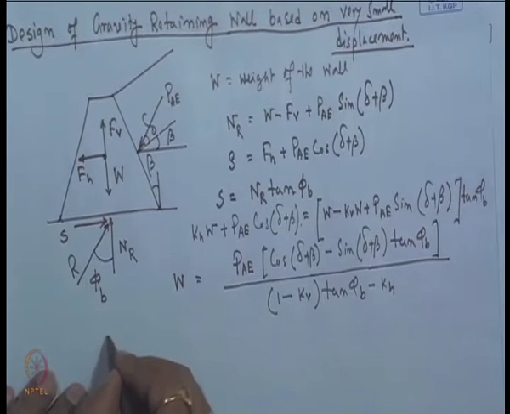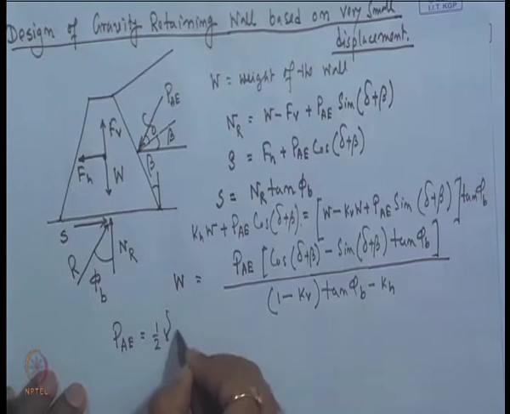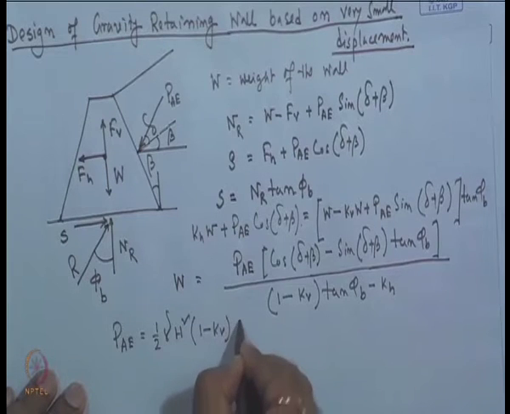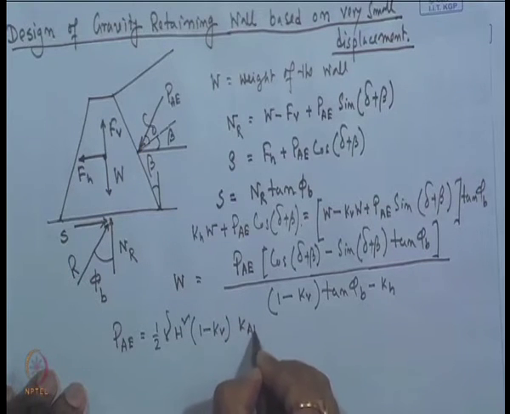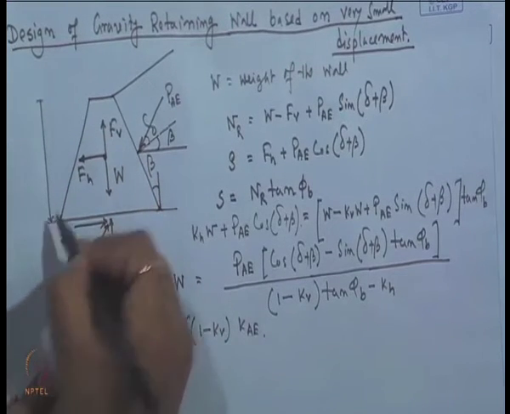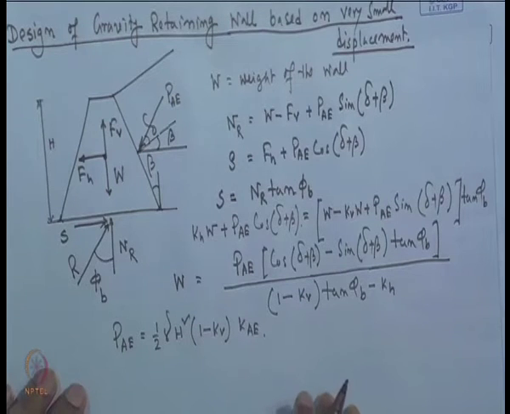Now, we know that PAE is equal to half gamma H square into 1 minus Kv into KAE. So, this is for the weight of the gravity retaining wall.